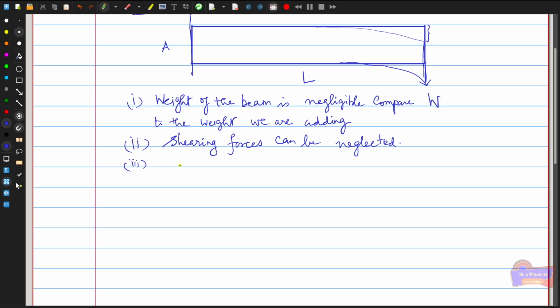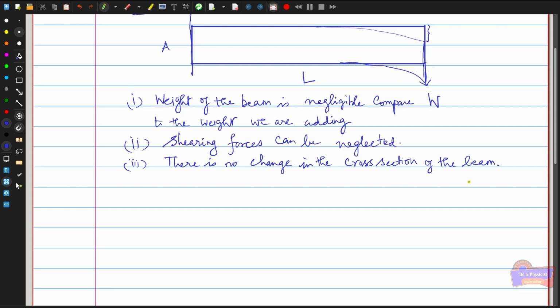The third assumption is that there is no change in the cross section of the beam as it bends. Suppose it is bending, there is no change in the area of cross section.